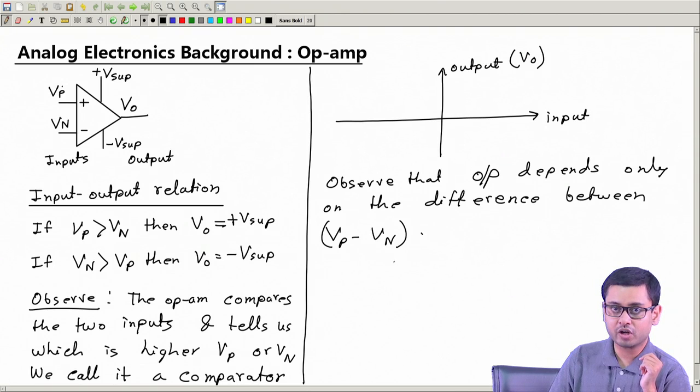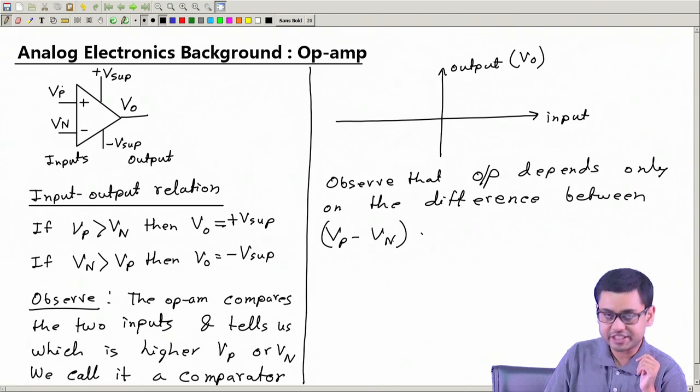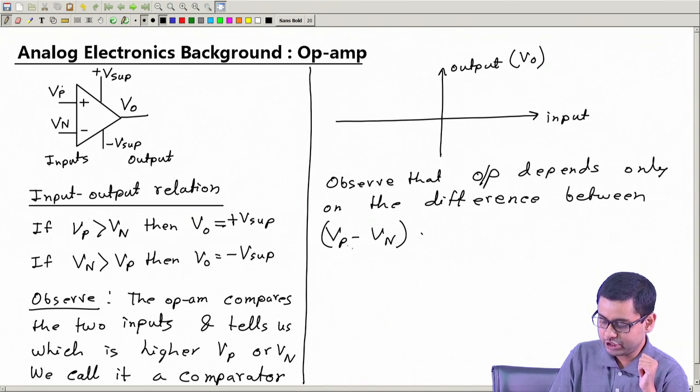It doesn't depend on the value of Vp or Vn separately. It depends only on the difference. If the difference is positive, that means Vp is higher, then the output is positive. And if this difference is negative, that means Vp is lower than Vn, then the output will be negative.